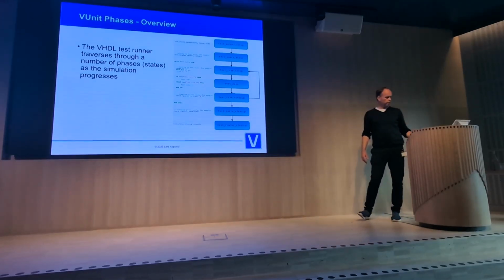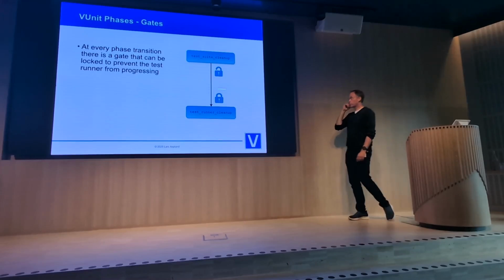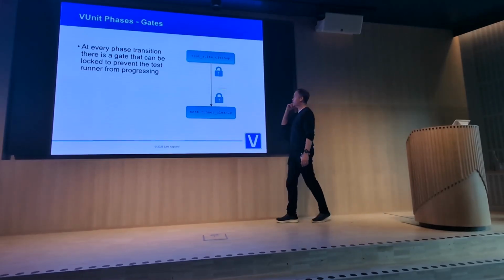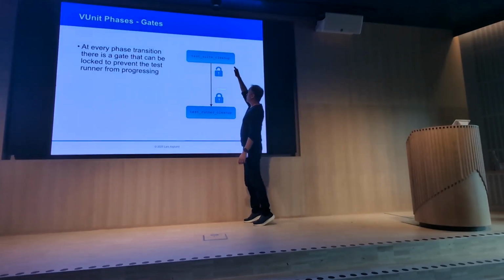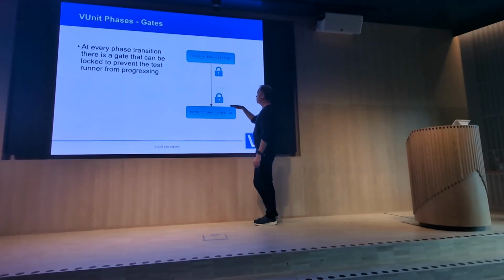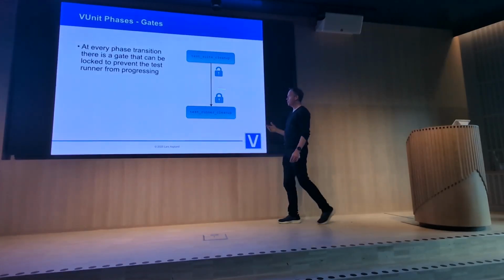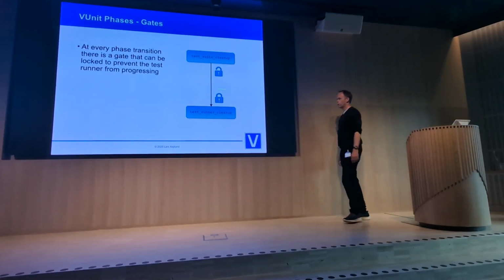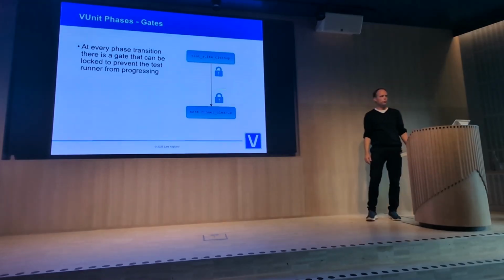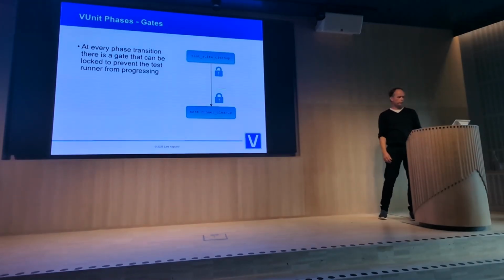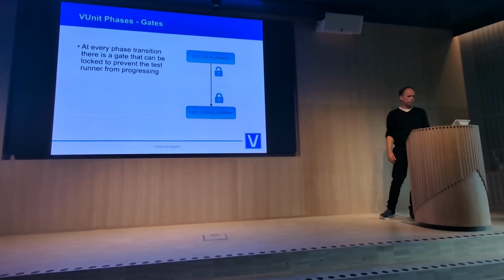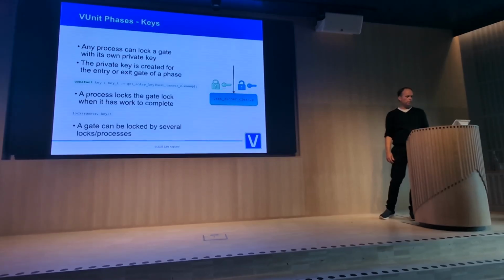Now, between every phase the unit goes through, there are 2 gates. An exit gate going out of this phase and an entry gate going into this phase. And on gates we can put locks. And if we put a lock on a gate, we prevent the unit from continuing through the phases.